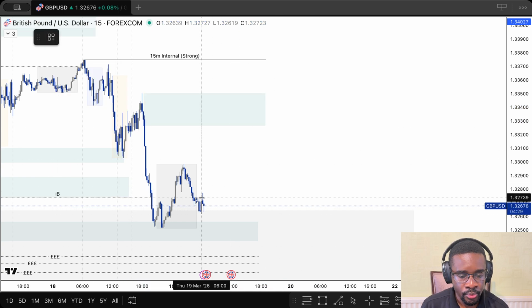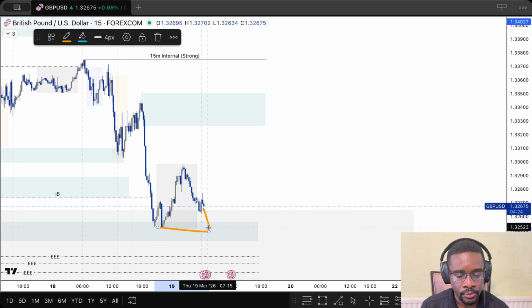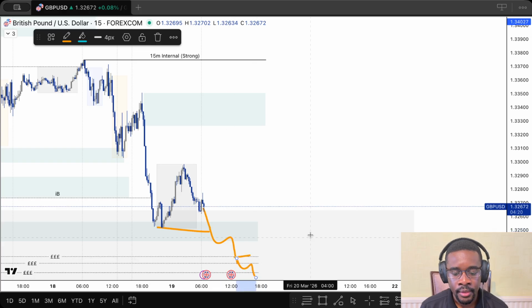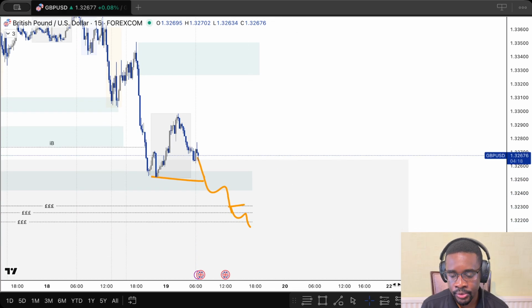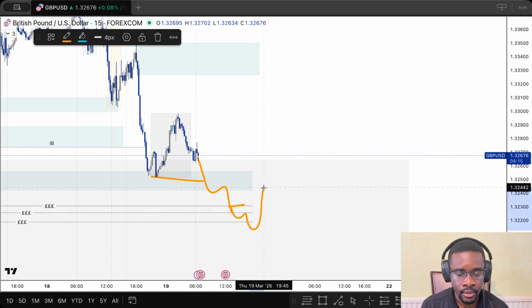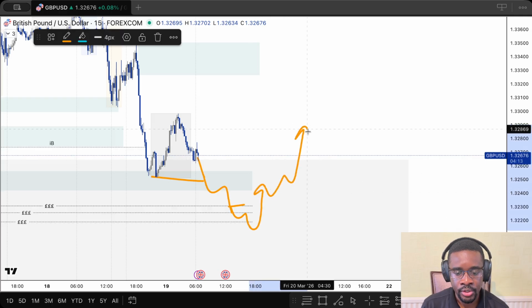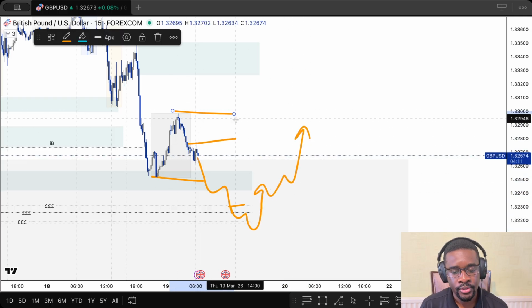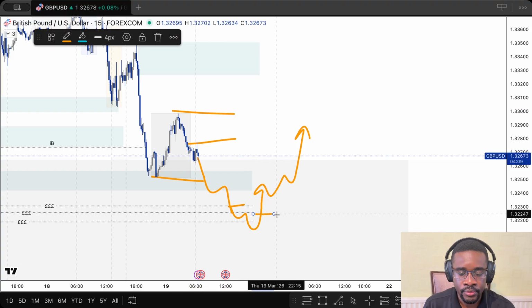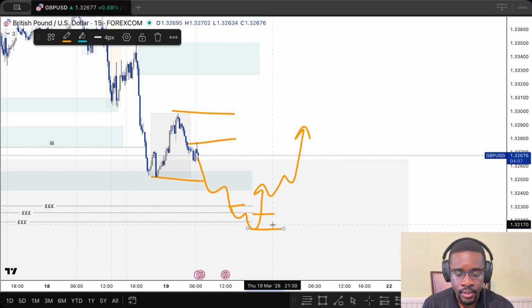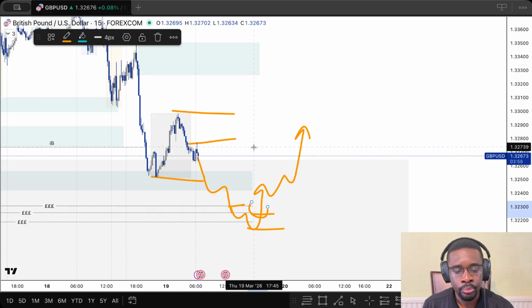Price from this point onwards could just continue going down, maybe take out these areas at the bottom, and then we have this reaction, and then maybe we could target any of these areas going up. Obviously if you just target your 3R, that would be good. So anywhere from these areas we could see price react bullish.